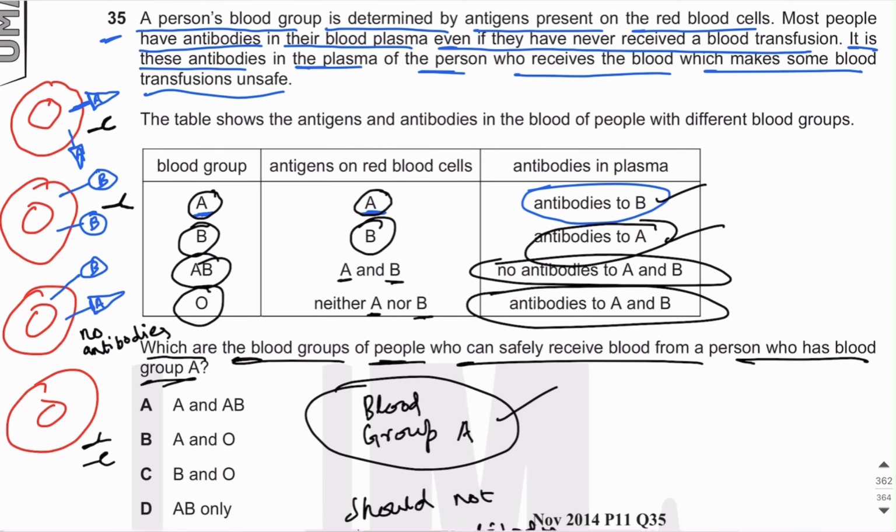So whenever you are transfusing blood, you need to make sure that the person that is receiving the blood does not have antibody against the red blood cells that you are transfusing.